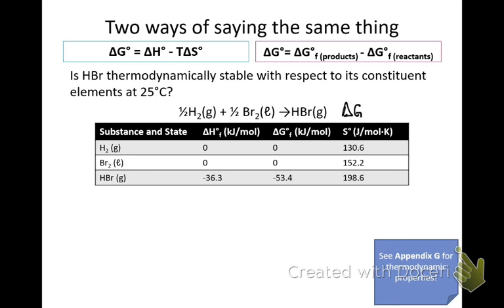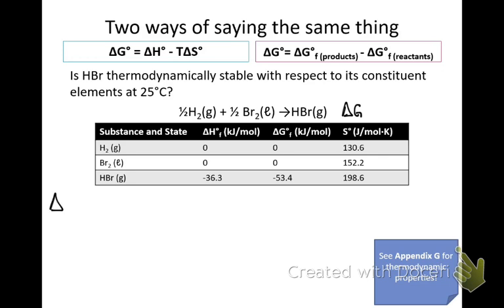So we could use delta G equals delta H minus T delta S, and we could calculate delta H for this reaction and delta S for this reaction using the enthalpies of formation and using the standard molar entropies. And you learned how to use standard molar entropy last week.